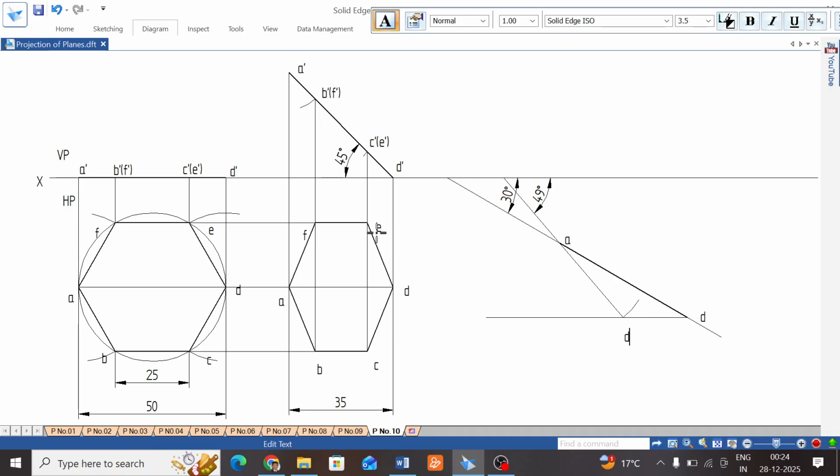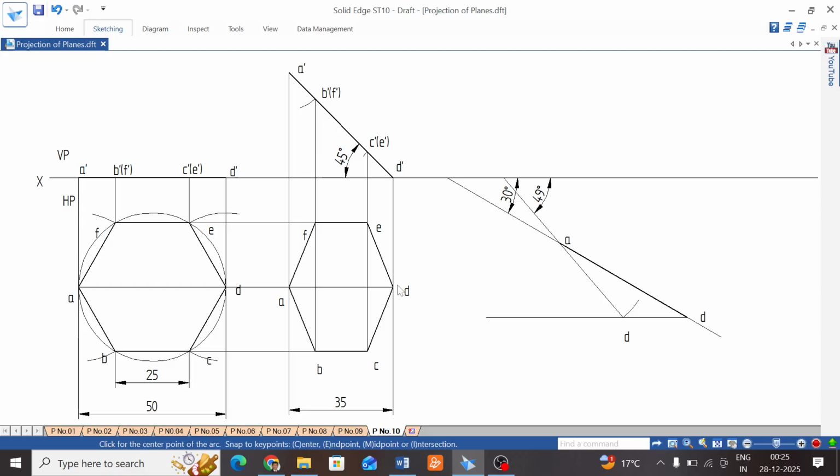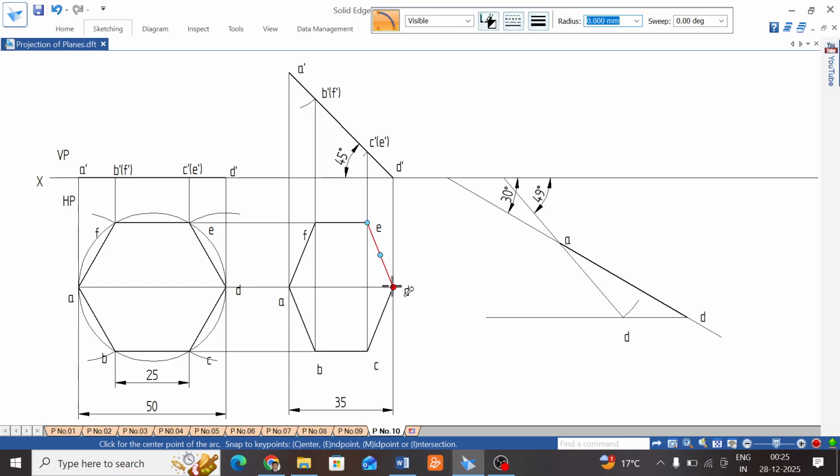Now another point E, C, F, B. By arc method we have to project. Okay, take the D is the center. Okay, E radius is 23. Then D to C also 23. Okay, you take D point 23 mm, draw one arc. Again D is the center, 23, one arc. Same radius from A to F also.